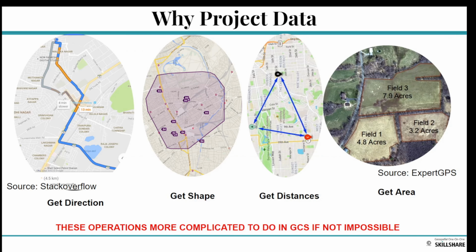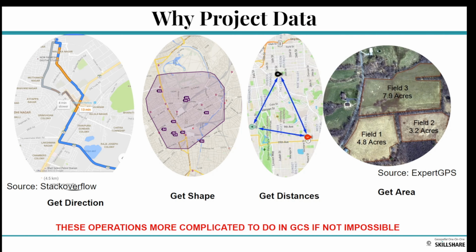Now, I've already explained to you one of the reasons why we need projected coordinate system. That is, we need the maps to be on a flat surface. Secondly, we don't just use maps by looking at them. We have a couple of uses that we do with map. One of them is we want to get directions. So we are interested in using the map to direct us from one point to another.